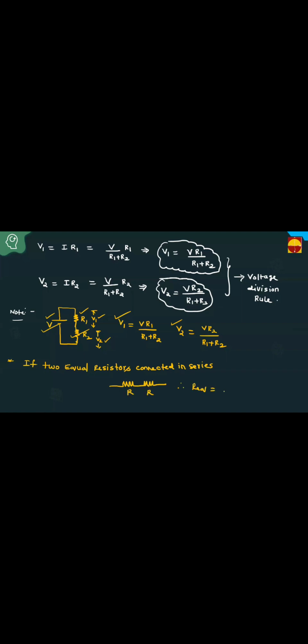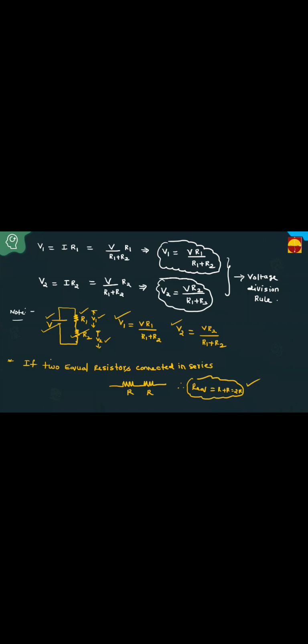R equivalent equals R plus R, which is 2R. How are we getting this 2R? By adding these two resistors, R plus R, which equals 2R.